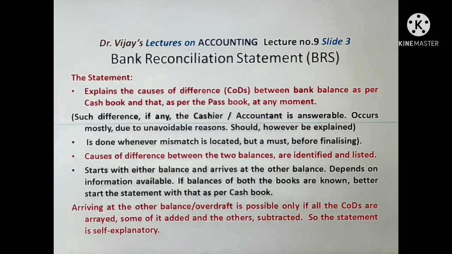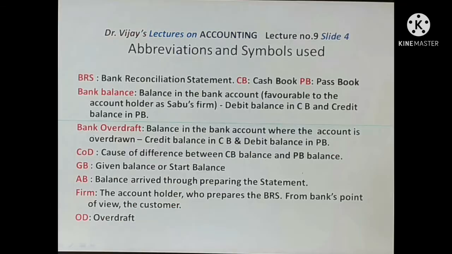Where the balances of both the books are known, better start the statement with balance as per cash book. Arriving at the other balance or overdraft is possible only if all the causes of difference are added in the statement. Some of it are added to the starting balance and the others subtracted. So the statement becomes self-explanatory.